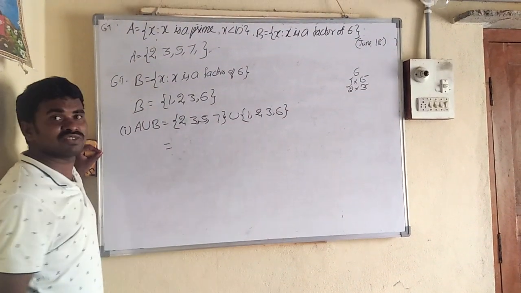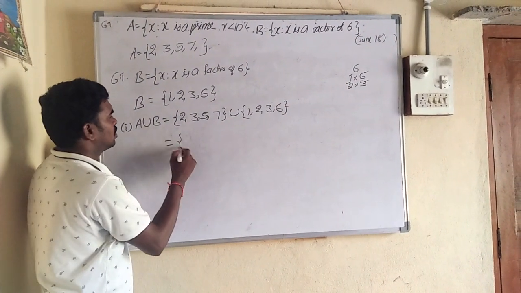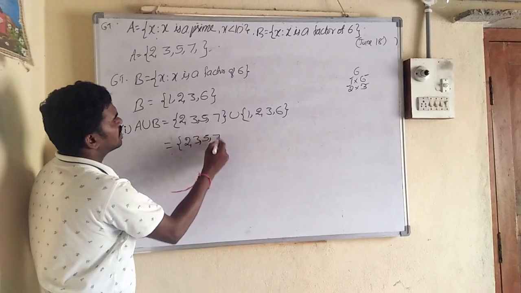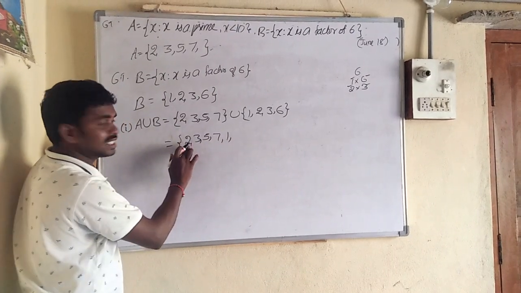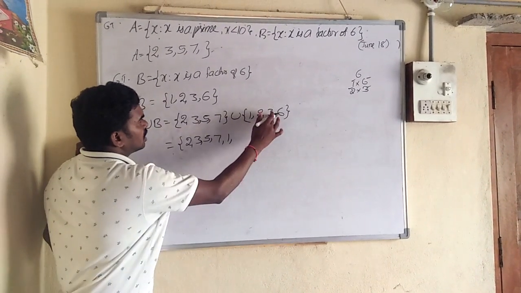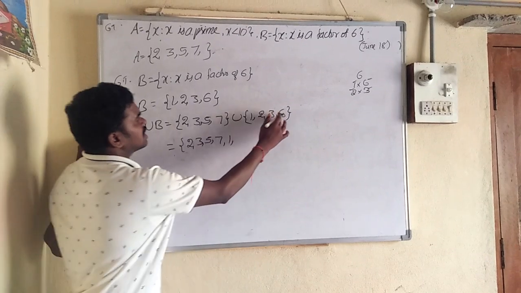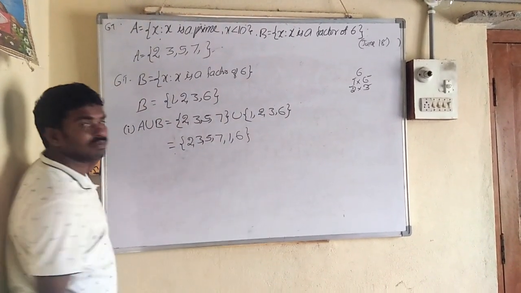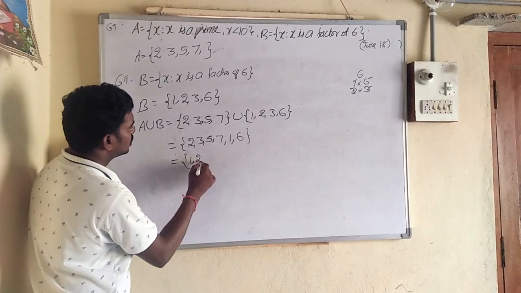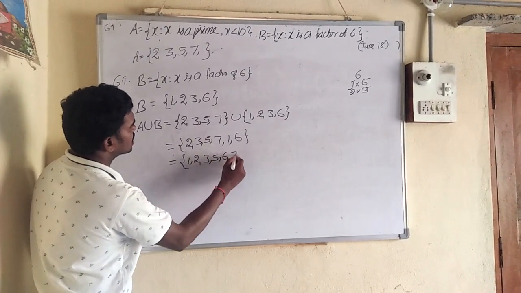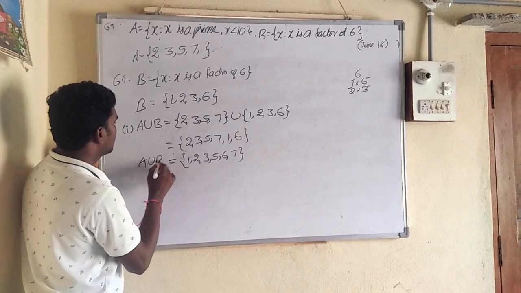Here union means we have to write all elements: 2, 3, 5, 7, 1. 2 is again there, but already written, no need to write a second time. 3 also, then 6. These are the elements of A union B. Write in ascending order: 1, 2, 3, 5, 6, 7. This is A union B.